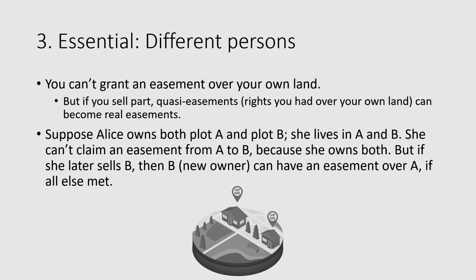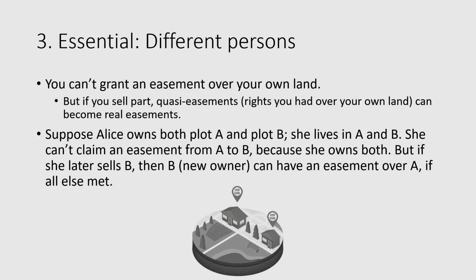That wouldn't really make any sense. She would then need to draw up a deed with herself. That doesn't even work because you can't have a deed or a contract with just one person. You always need at least two.